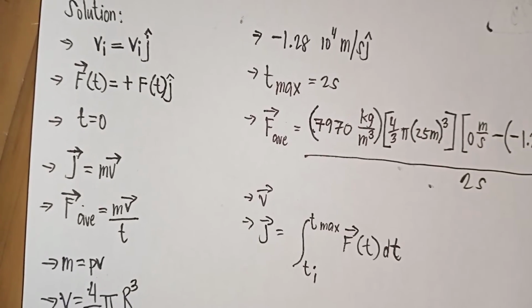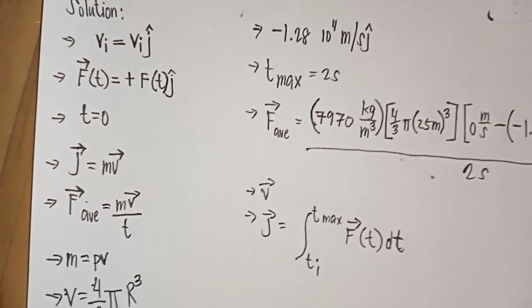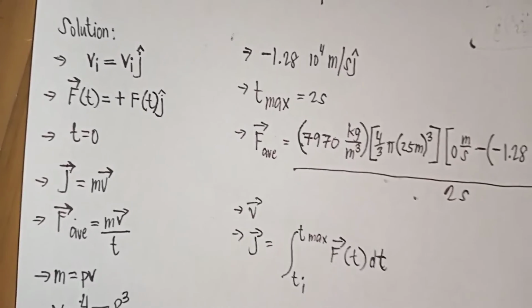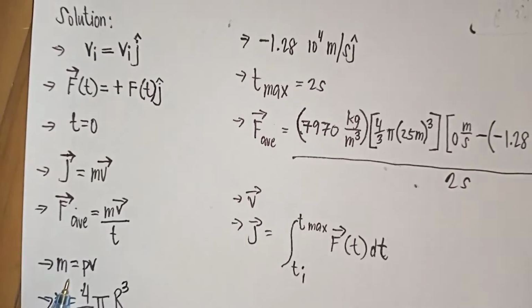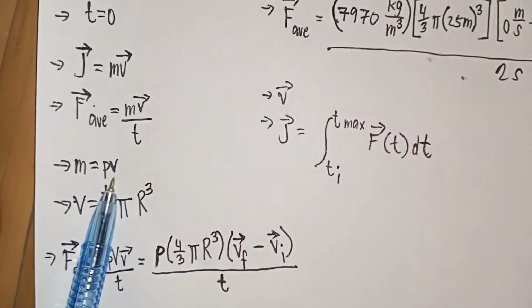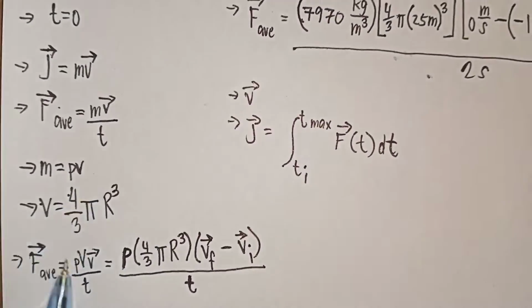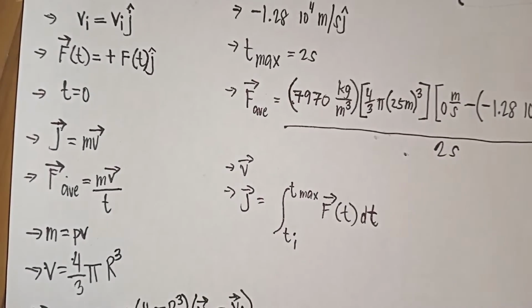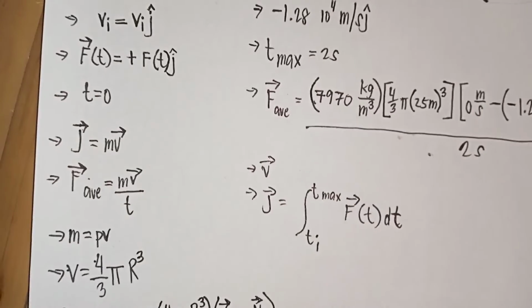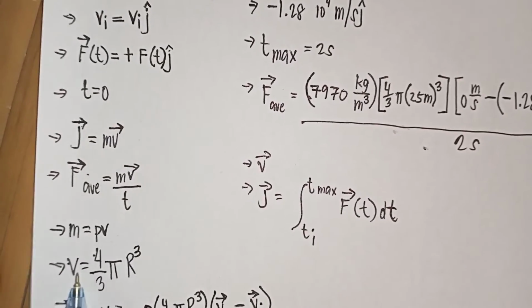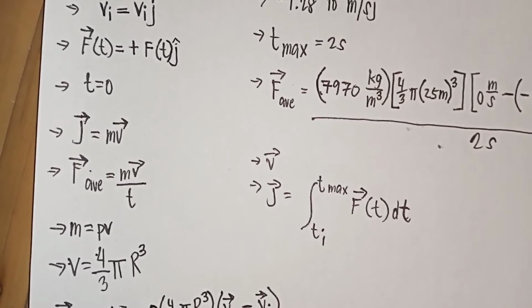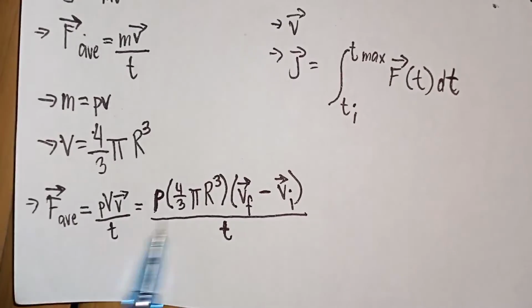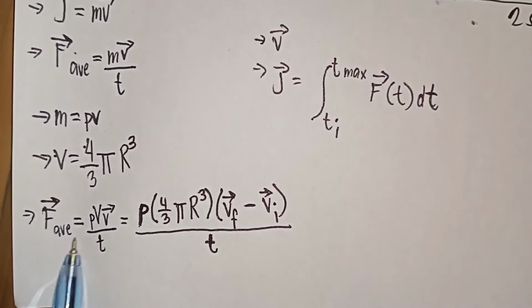The mass is equal to the product of the meteor's density and its volume, so m equals rho times V. We assume that the meteor was roughly spherical, so we have V equals 4 over 3 pi r cubed. We obtain that formula.